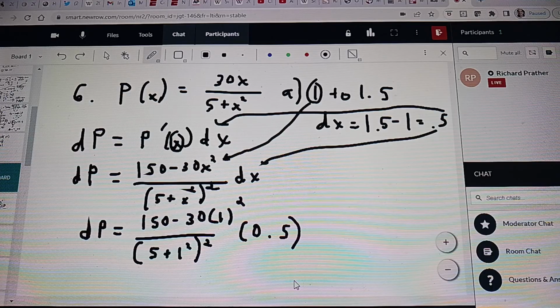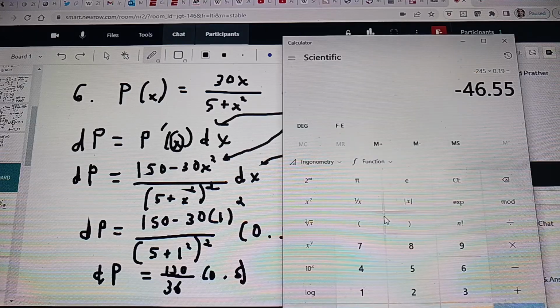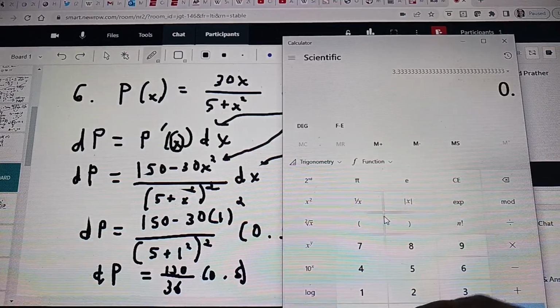So 1s are nice to plug in. 1 squared is 1. 30 times 1 is 30. So the top is 150 minus 30, 120. 1 squared is 1, plus 5 is 6. 6 squared is 36, times 0.5. So the population is going to change in millions by whatever 120 divided by 36 times 0.5 is.